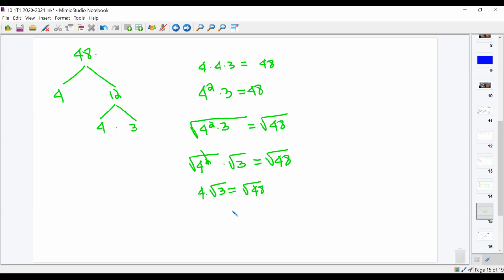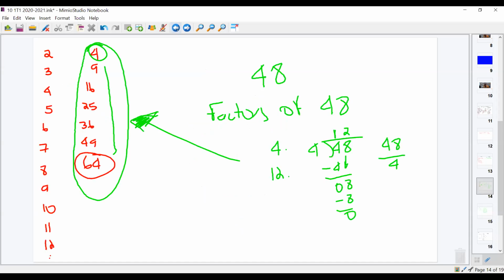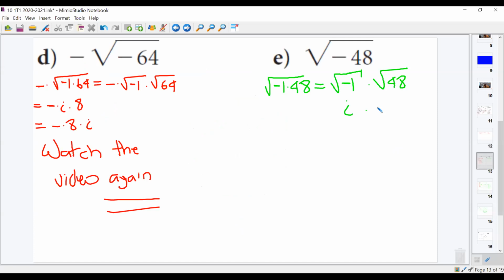If I reorganize it, I am going to say 4 times the square root of 3, and I finished.